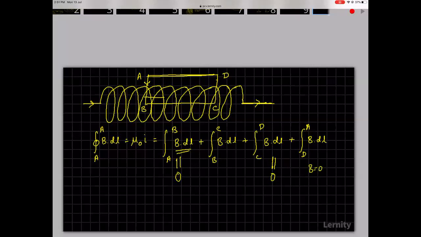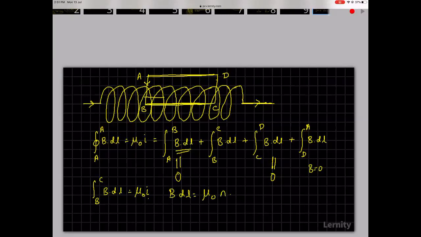So all that we are left with, integral B to C, B·dl is equal to μ0 into I. So B is same, B dl is equal to μ0 I. I is the total number of turns in that zone, in this much.